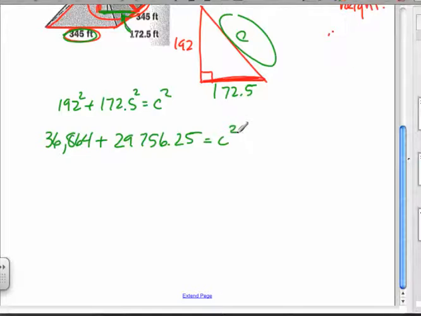Who has the sum? That's 36,864 plus 29,756.25. Cole? 66,620.25. That's what c squared is, and I don't want to know what c squared is. I want to know what c is. What do I have to do, Armand? Find the square root.